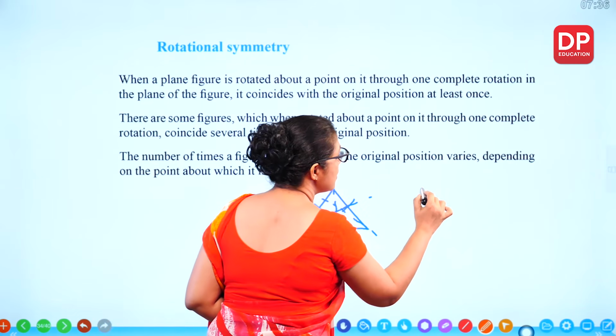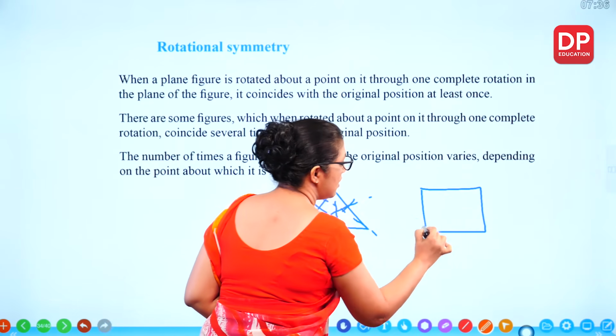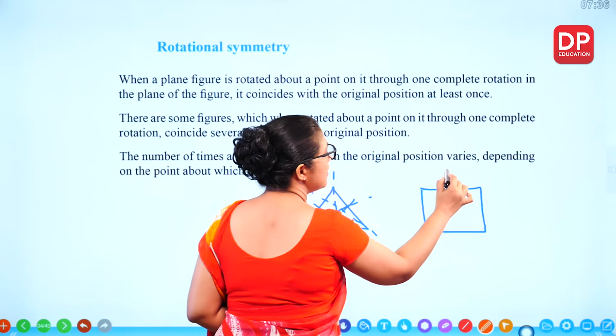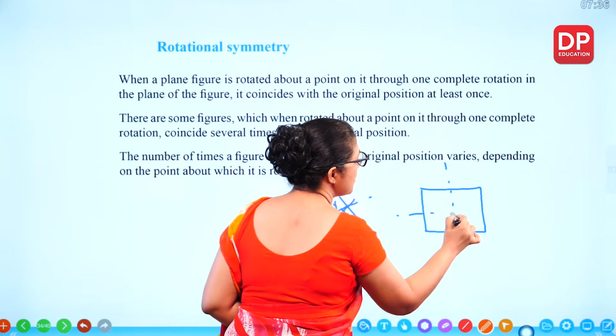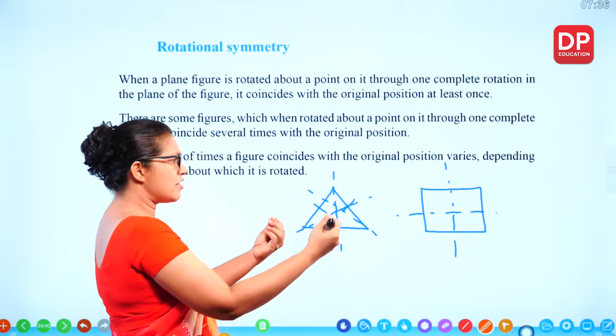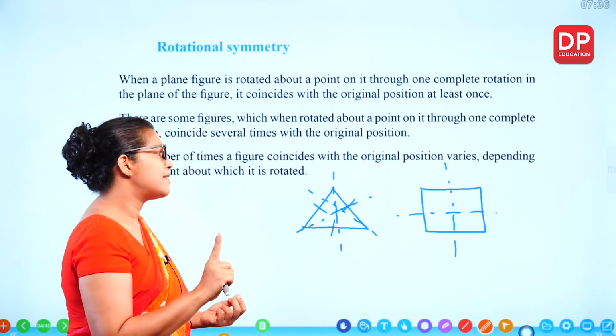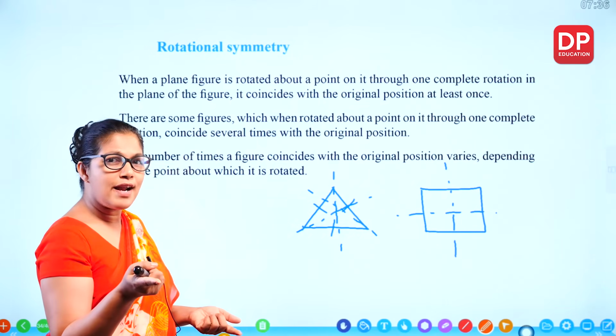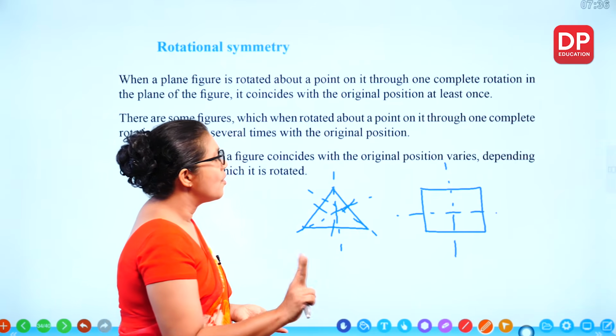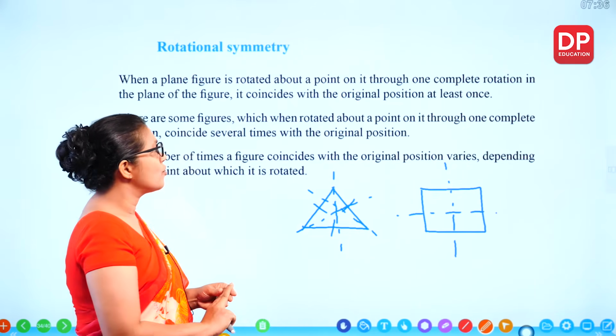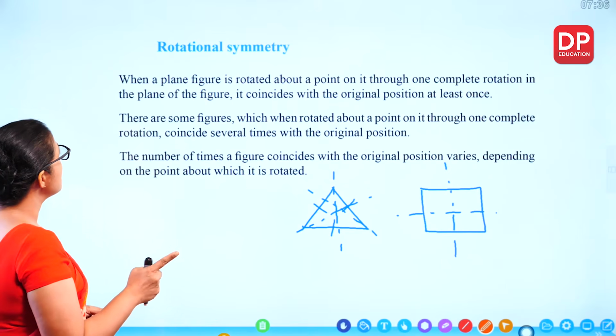And what about a rectangle? We get 2 axes of symmetry. And what about rotational symmetry? When you rotate 180, you get the same shape. Again, 360. So order is 2 there. So likewise, what is rotational symmetry?